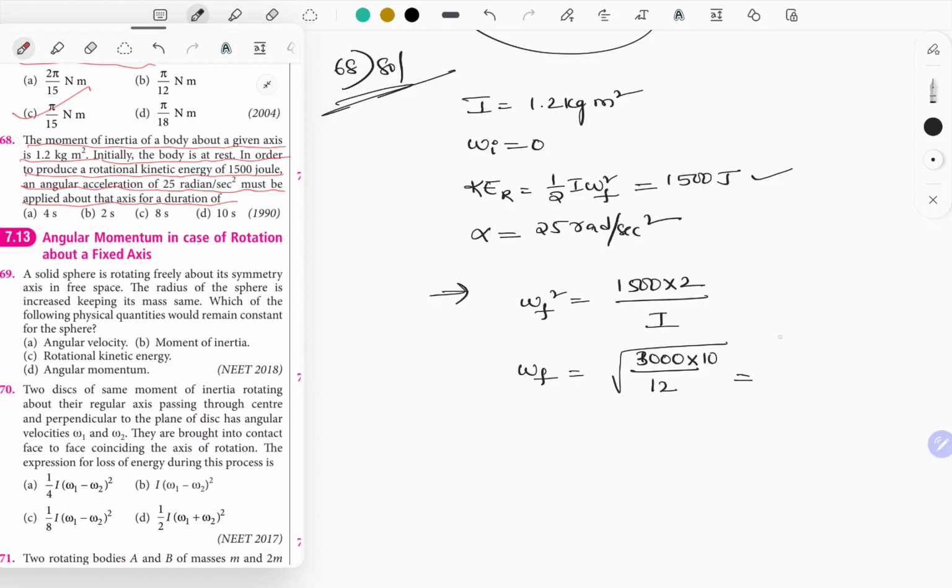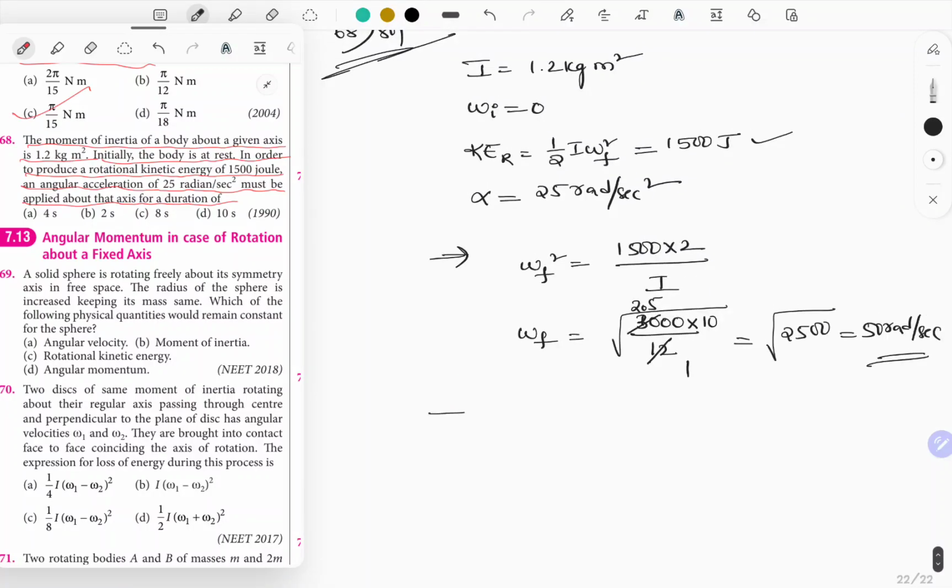So if you observe here, 12 ones are 12, 12 fives are 60, 12 times 2.5 is going to be 30. This 2.5 into this 1000 is going to be 2500, which is equal to 50 radian per second. Very good. So this is omega final.